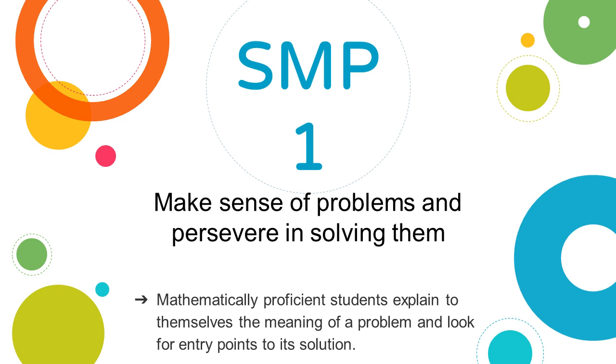Students are also able to stay with a challenging problem for more than one attempt. They try several approaches in finding a solution and learn from those previous solution attempts. Basically, you will find practice standard 1 in every math problem every day.